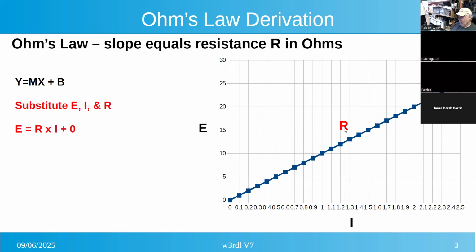And that slope is R. So if you're familiar with algebra, you probably learned the formula for a straight line, where y is equal to mx plus b, b being the y-intercept. In this case, it's going to be 0. So it's just y equals mx, where m would be R, I would be current, and y would be E, the voltage.